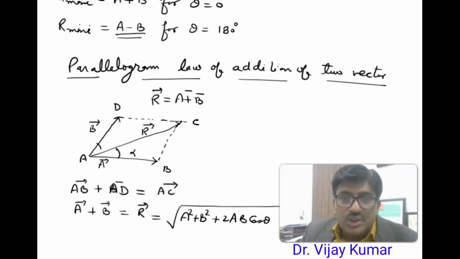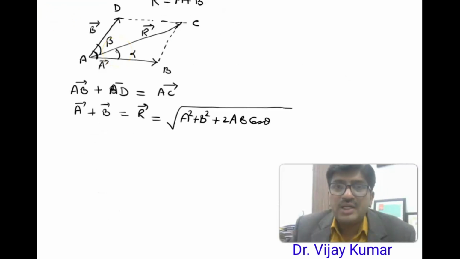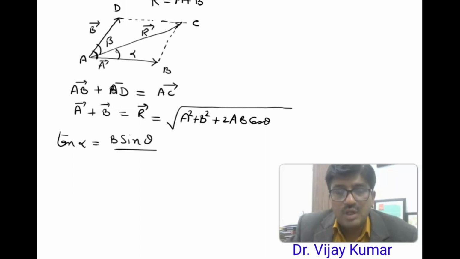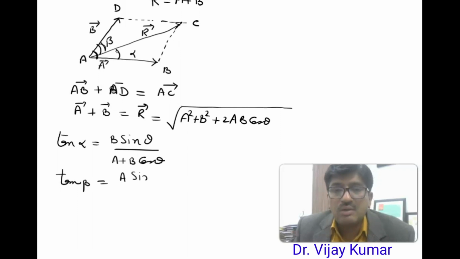And suppose this angle is beta, and the total angle between A and B is theta. If alpha is the angle of the resultant from A, then tan alpha is equal to B sin theta upon A plus B cos theta. And similarly, if the angle of vector B from the resultant is beta, then tan beta equals A sin theta upon B plus A cos theta.